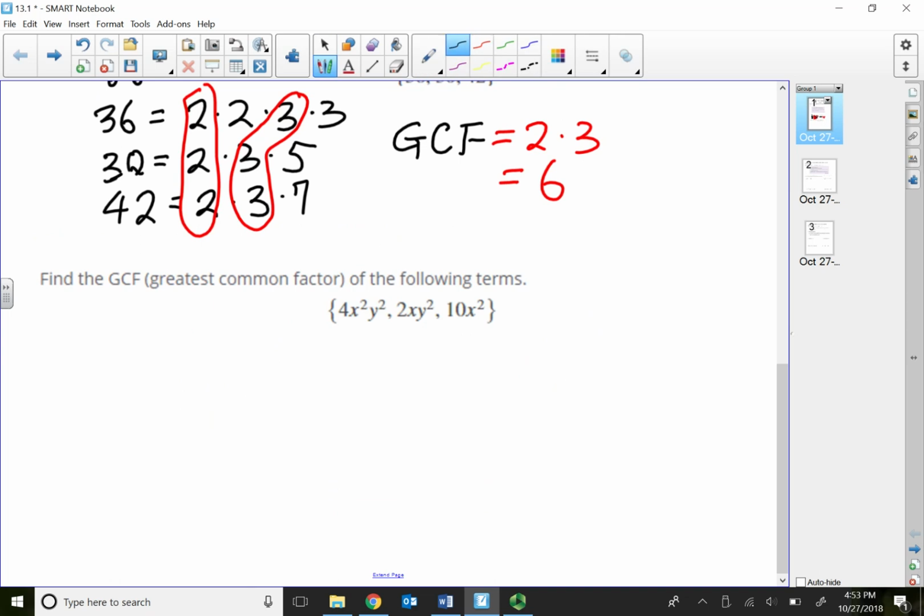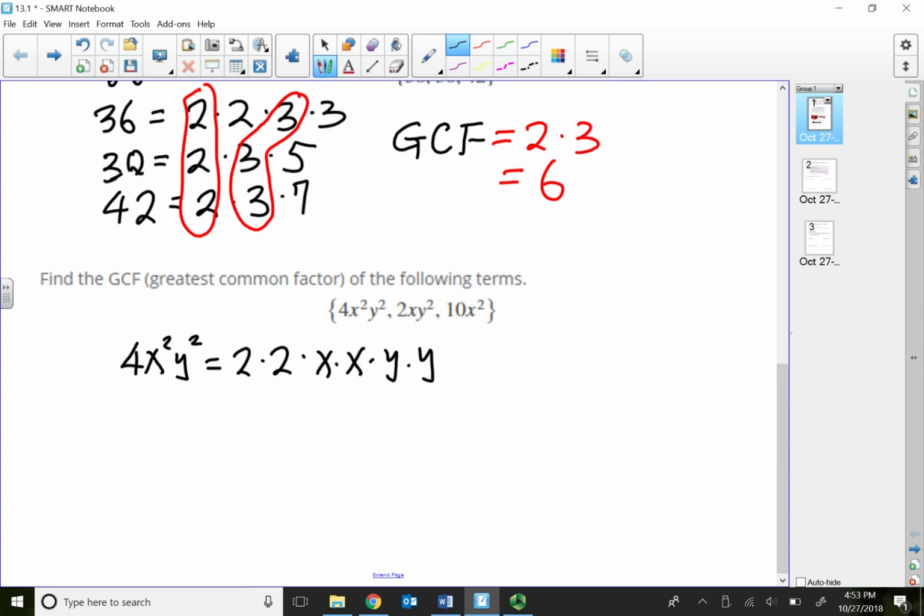So let's look at 4x squared y squared. The number 4 is made out of the prime factors 2 times 2. X squared means x times x. Y squared means y times y.